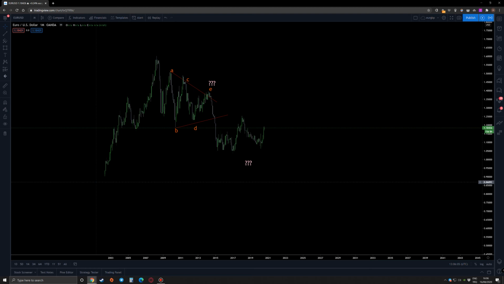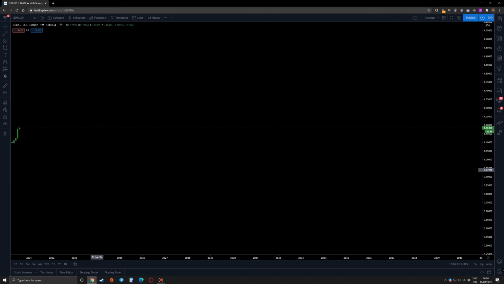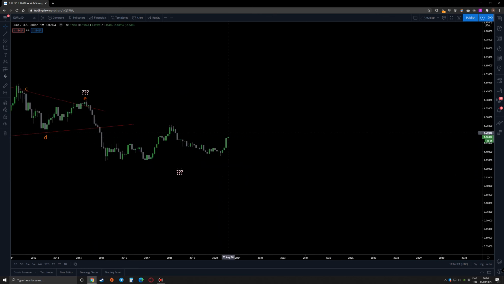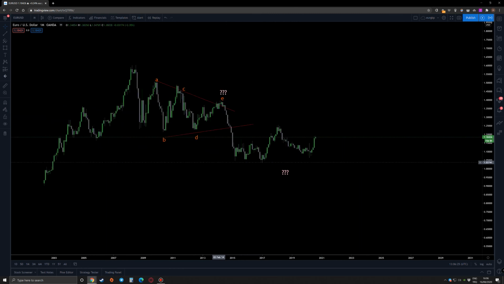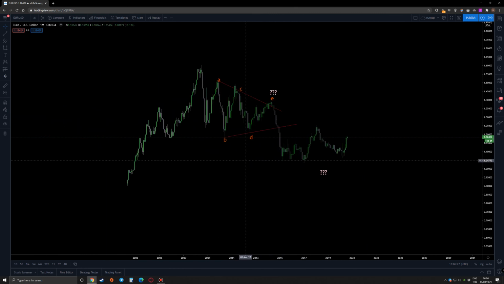Okay, so then you may say maybe the starting point of this currency is wrong as well. But it is very important that you start at a point or a place where it actually makes sense. You cannot just come here and say, oh look, this is a wave. You cannot do that. There are some patterns that help us to start.